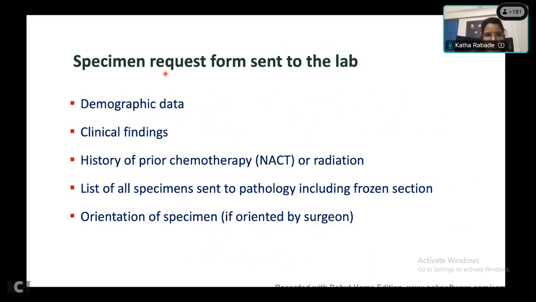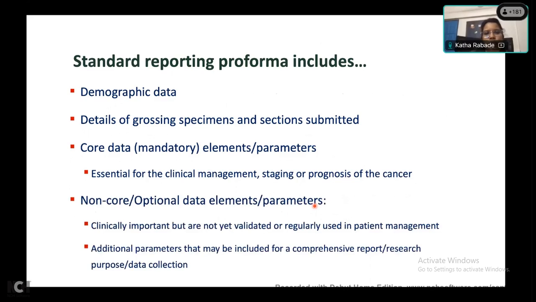So to reiterate, the specimen request form should contain demographic data, clinical findings, history of prior chemotherapy or radiation, list of all the specimens sent to the pathology lab, and the orientation of the specimen. The standard reporting proforma will include the demographic data and the details of the grossing specimen and sections submitted, the core data and the non-core data.